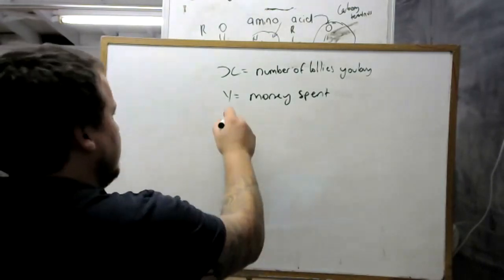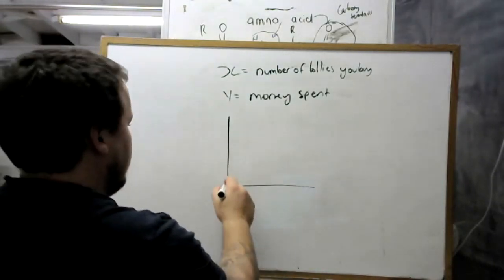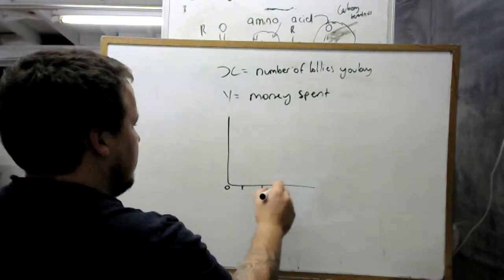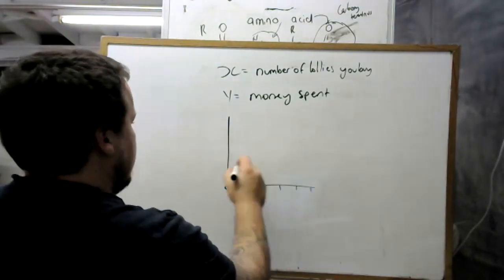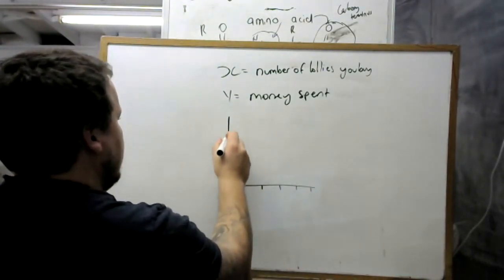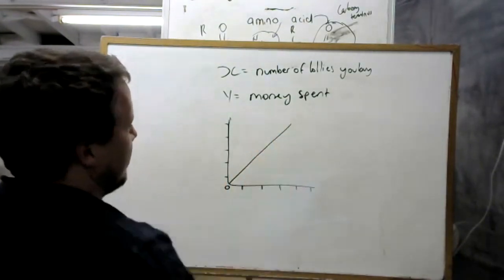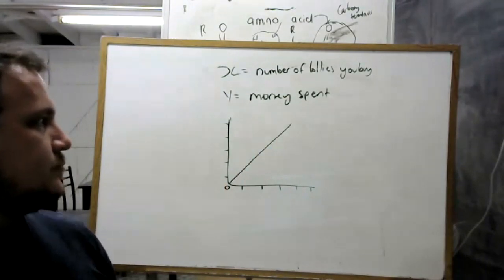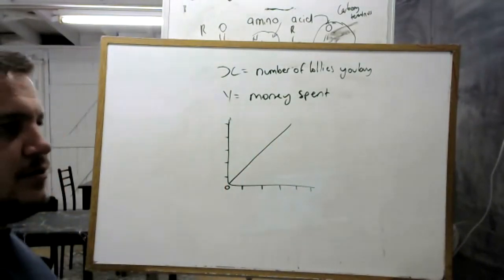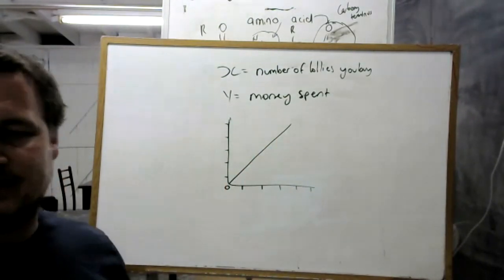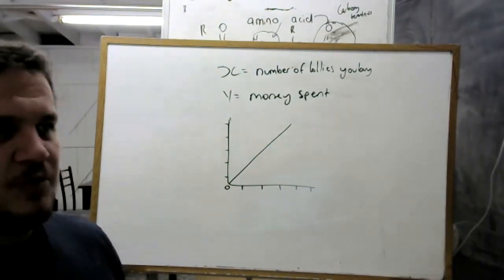So one lolly costs $1, 2 lollies cost $2, and so on. So it should look something like that. So that is a direct proportion.